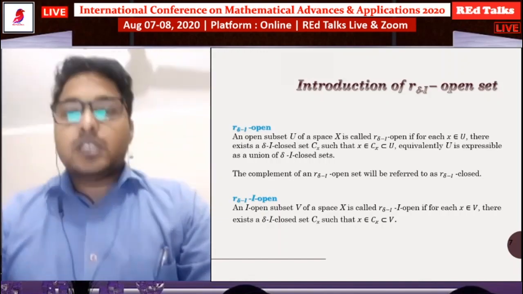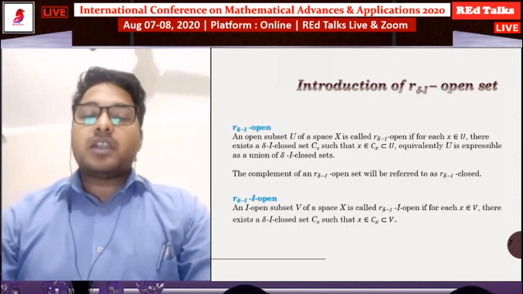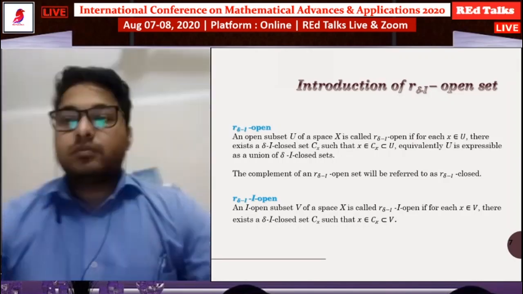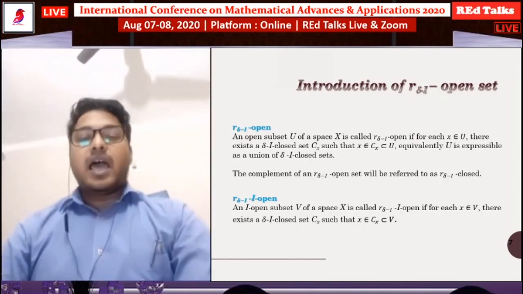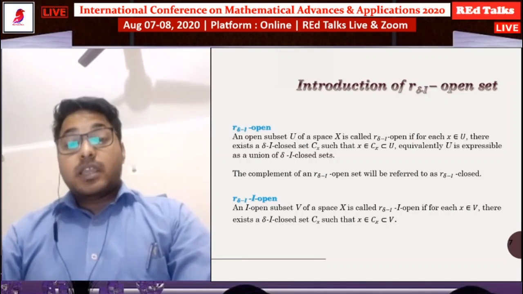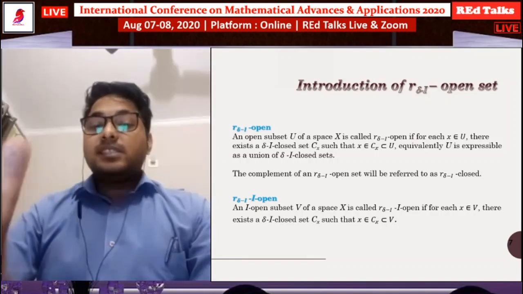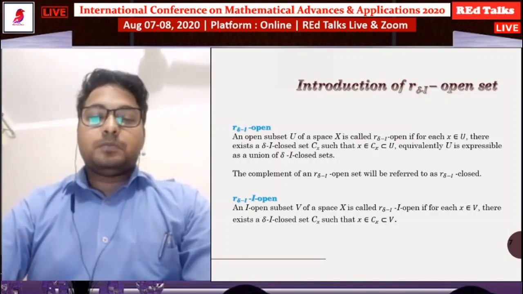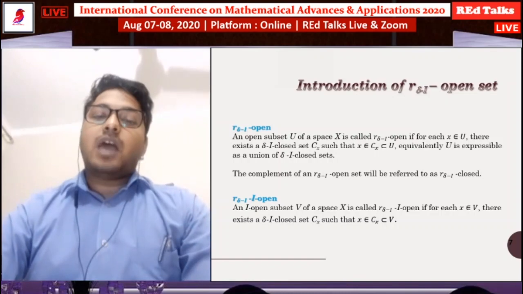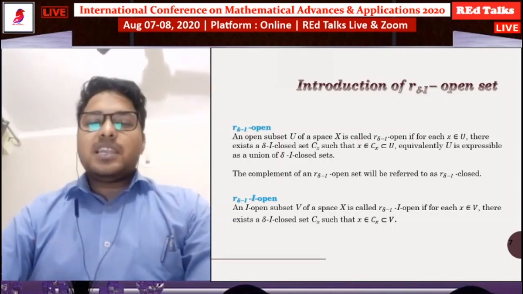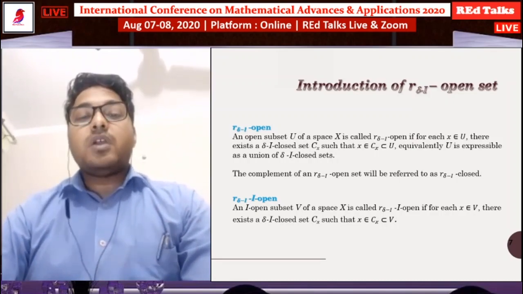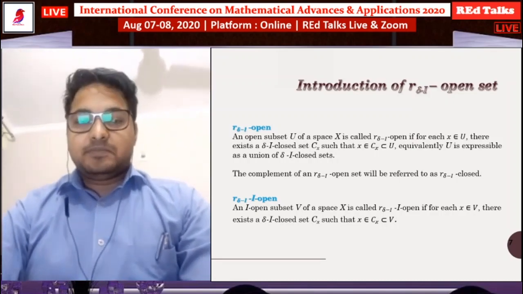An open subset U of a space X is called R delta I open if for each x in U there exists a delta I closed set Cx such that x belongs to Cx and Cx is contained in U. Then U is said to be R delta I open. So basically, R delta I open is a union of delta I closed sets.